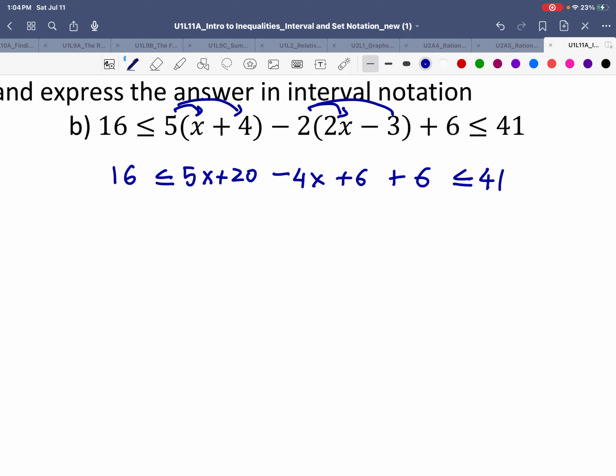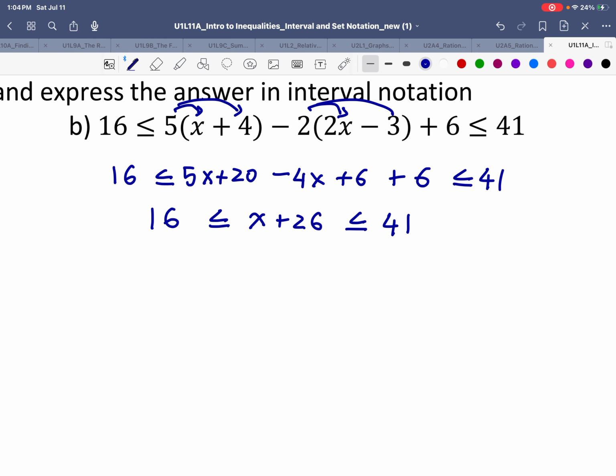So let's see what we have cooked here. We have 5x minus 4x, or plus negative 4x, that would be x. And 20 plus 6 is 26. And we have 16 on the left and 41 on the right.